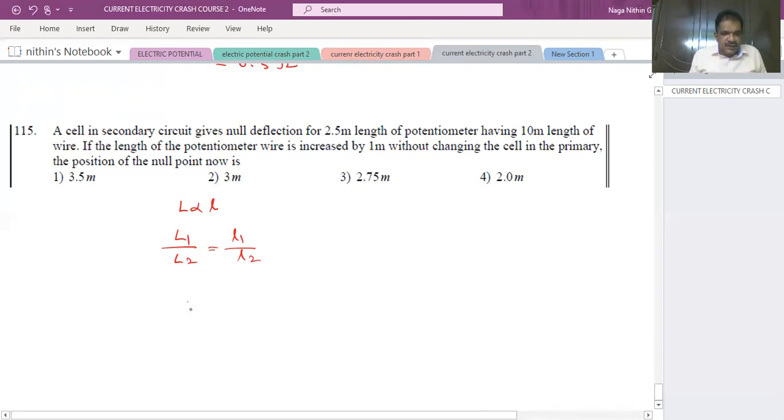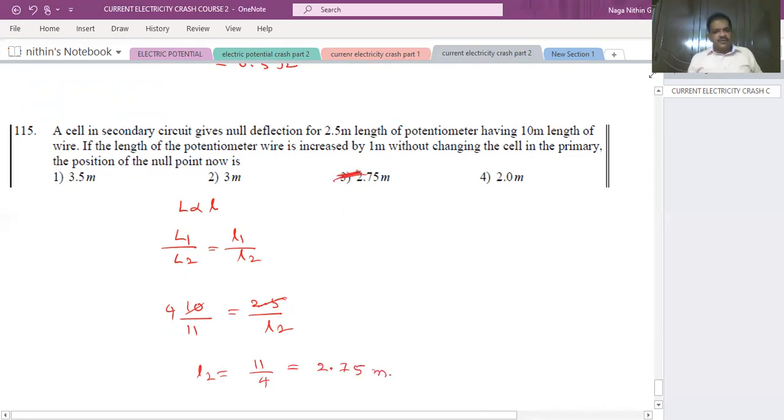First initially 10 centimeter is there. Later it becomes 11. This is 2.5. This is L2. This will be 4 times will cancel. L2 is equal to 11 by 4, this is 2.75 meter.